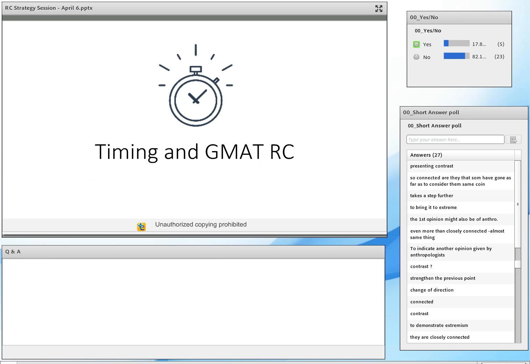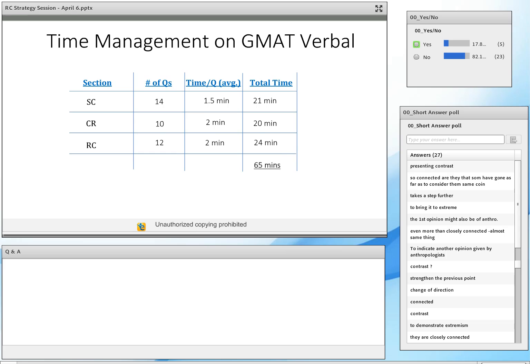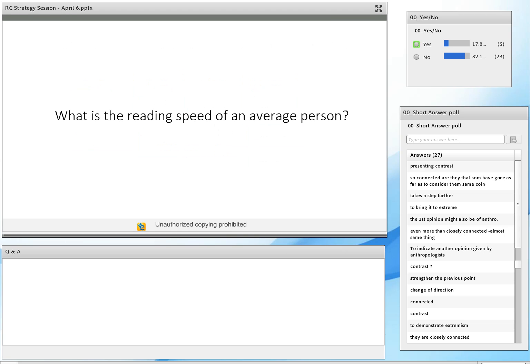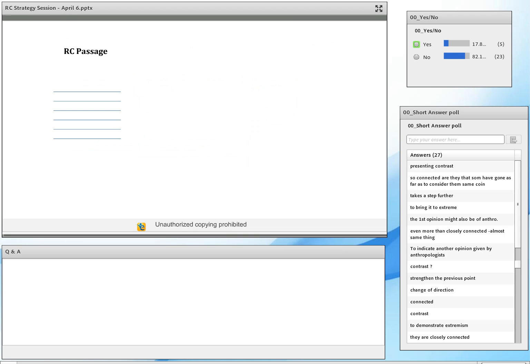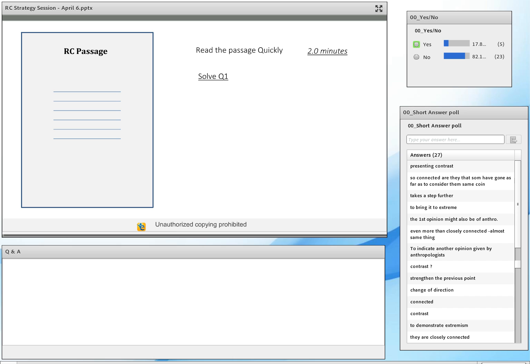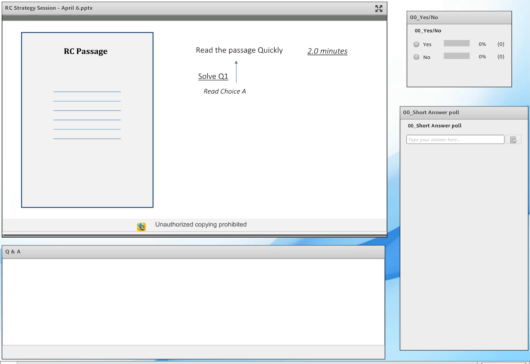Now, I have already talked about the timing aspect, so I'm just going to breeze through these slides. The main thing, as we discussed, was that you have to redistribute the time. What happens today is that you read the passage quickly, you come to question number 1, you read choice A, you go back to the passage because you're confused.